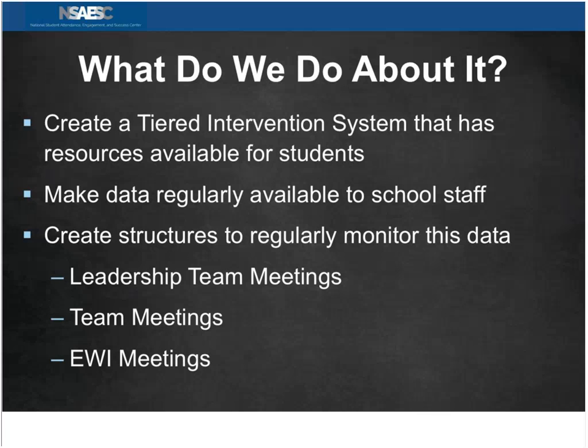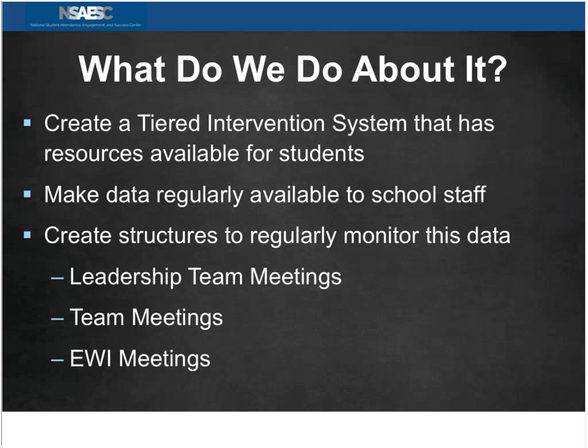Make data regularly available to school staff. Some school staff are privy to certain data and data points that other staff members aren't, so just having those conversations about the data and the impact of the interventions is useful and helpful. And then create structures to regularly monitor this data.